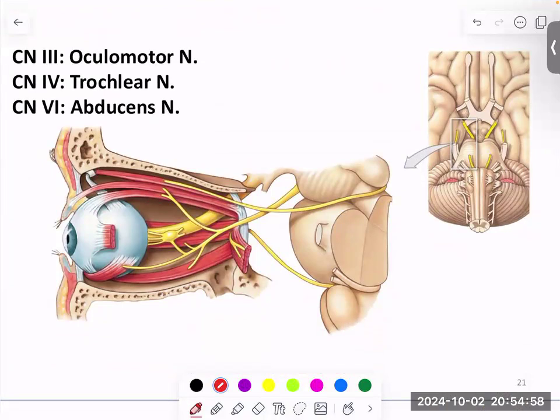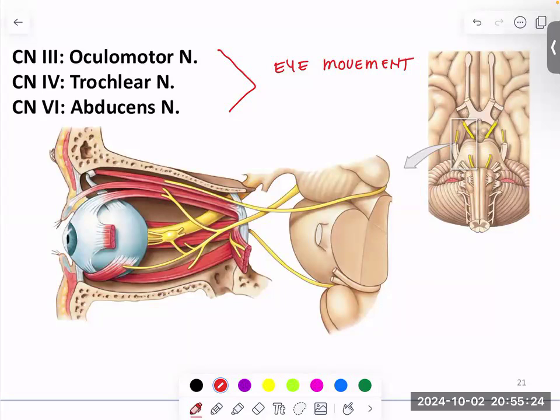All 3 of these nerves are responsible for eye movement. Your brain coordinates eye movements using 3 nerves. When you roll your eyes at your professors, you use all 3 nerves.